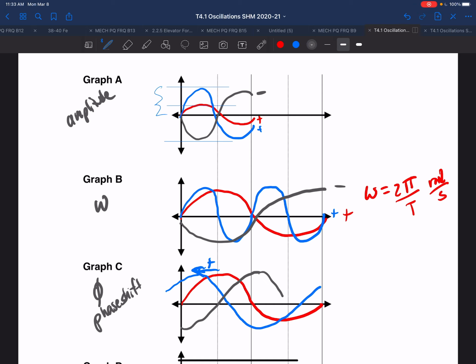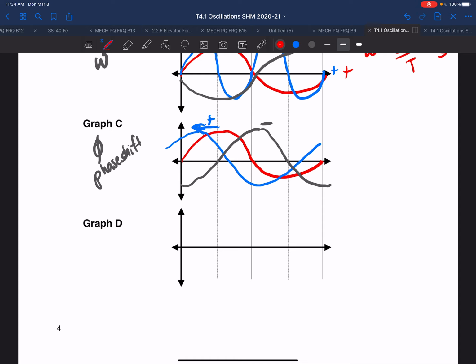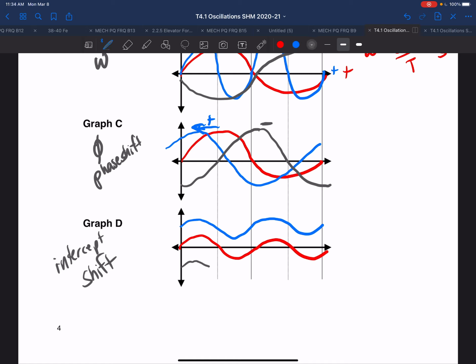And lastly, D is our intercept shift. Such that if this is our first function, the next one will look exactly the same, but you shift it upward, or if it's shifted downward.